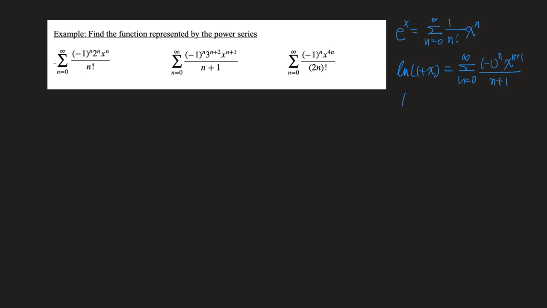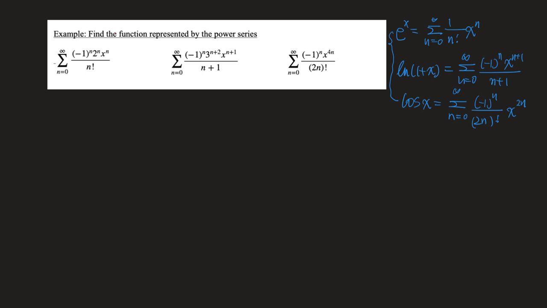Third one is cosine x, the summation n equals 0 to infinity of (-1)^n/(2n)! x^(2n). So we're going to use these fundamental Maclaurin series to find the function.